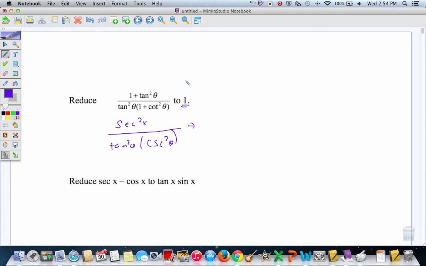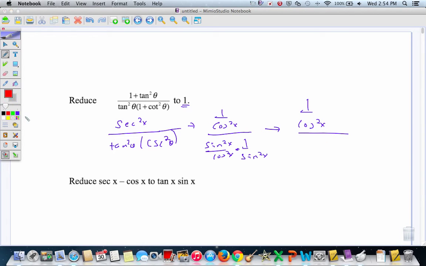From here, secant is 1 over cosine, so secant squared is 1 over cosine squared. Tangent is sine over cosine, so tangent squared is sine squared over cosine squared. Cosecant is 1 over sine, so cosecant squared is 1 over sine squared. So I changed to sines and cosines.